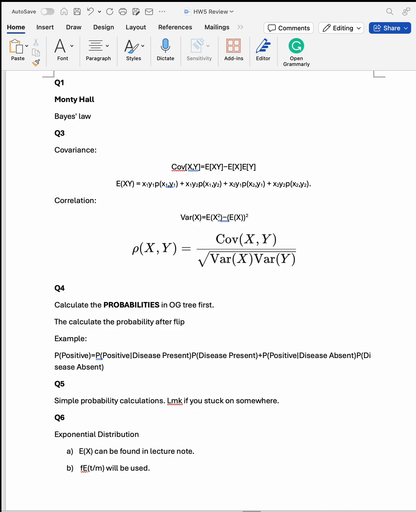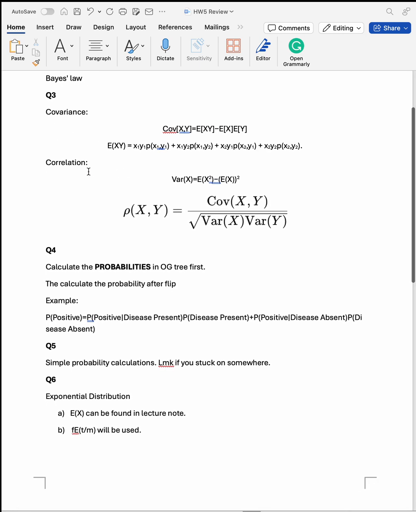Number 3 is actually a little bit tricky because we didn't talk much about covariance and correlation in class. So here are the equations for the covariance. You have to use the expected value of x and y, and also the expected value of each of x and y.